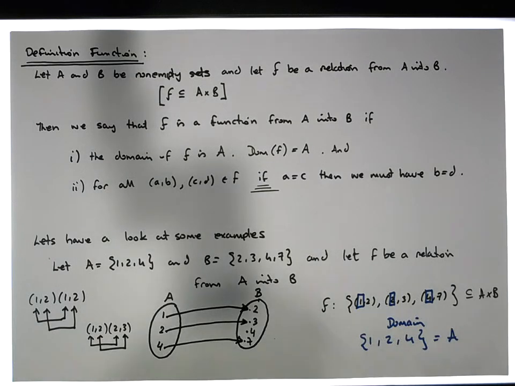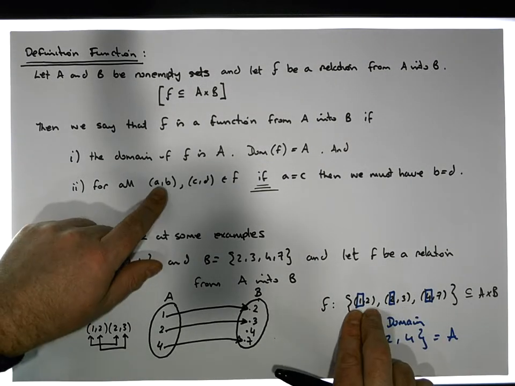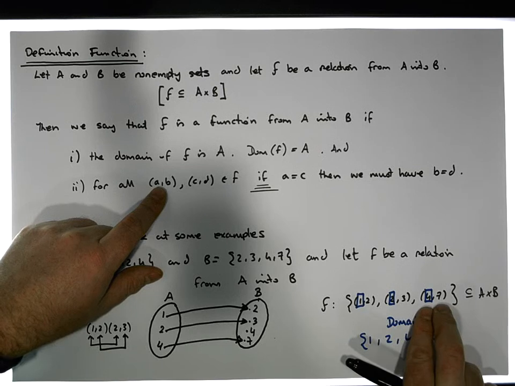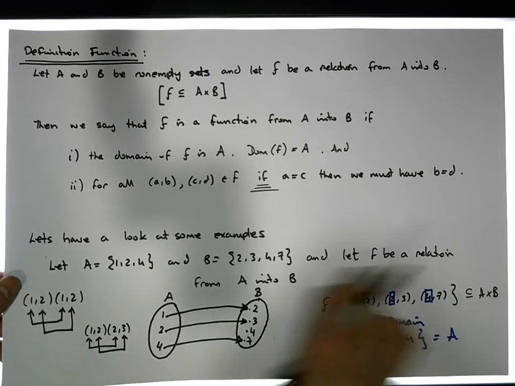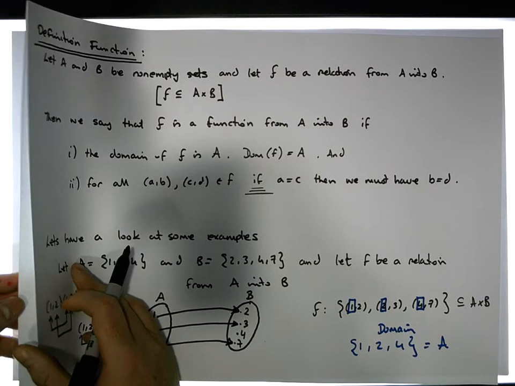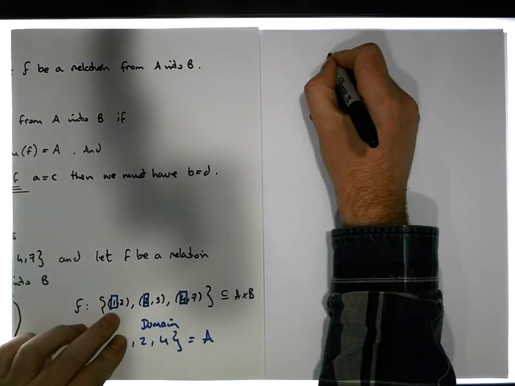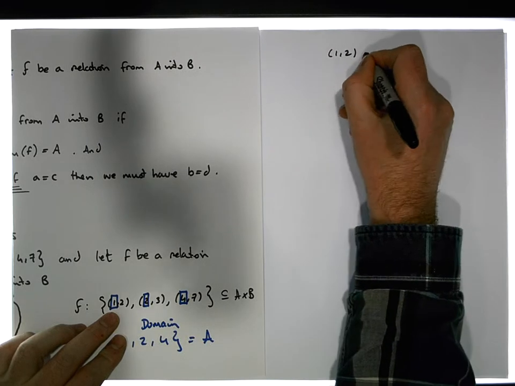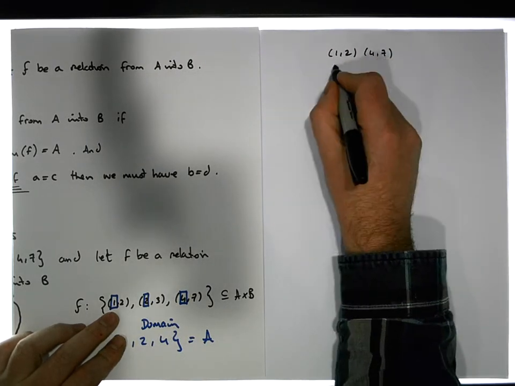The other possibility is that we could choose the first ordered pair 1, 2, and the second ordered pair 4, 7, okay? In which case, let me just go to another page here, okay? Okay, so I'm just trying to define this concept of what a function actually is, okay? So let's just go to another page here. I could choose the ordered pair 1, 2, it's associated with the ordered pair 4, 7, but look, I don't need to check the second condition.